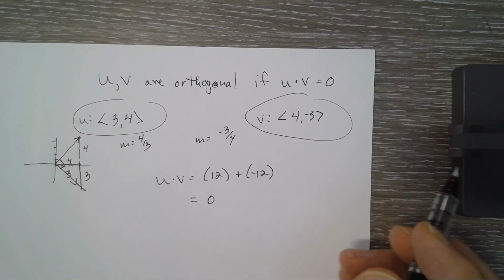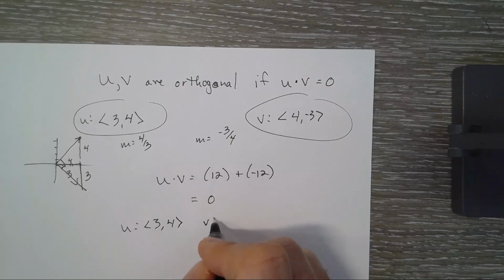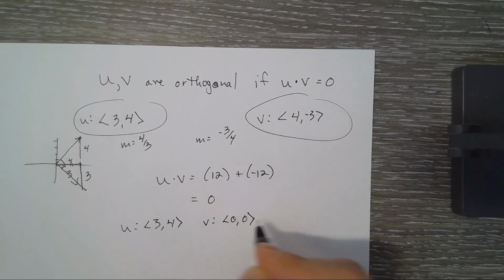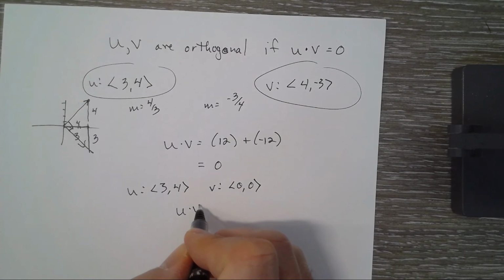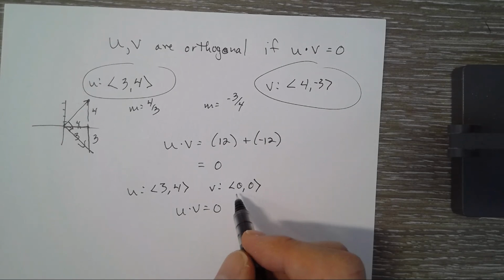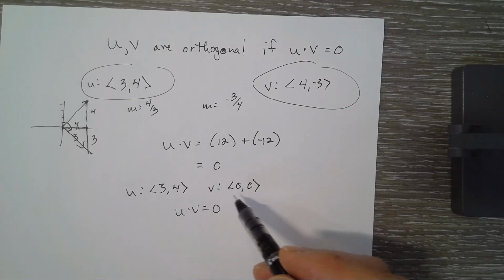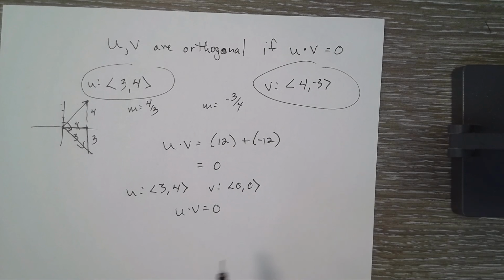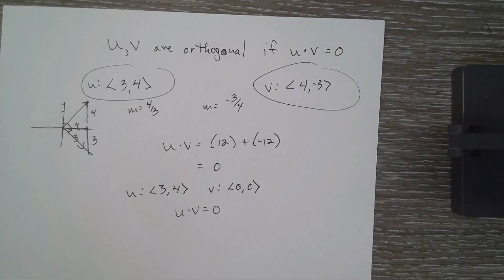Now, if u is still 3, 4, and v is 0, 0, we're going to get u dot v to be 0 here, just because the vector is 0, 0. So those are also considered orthogonal. That's the only difference between orthogonal and perpendicular.